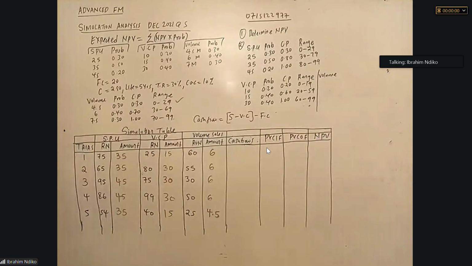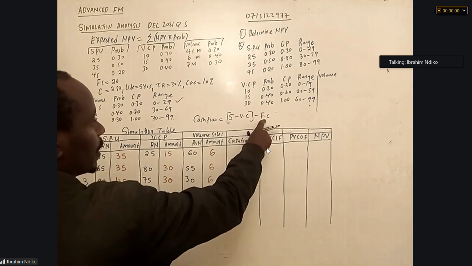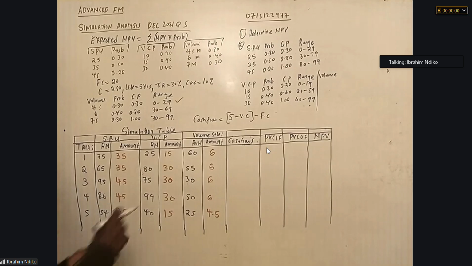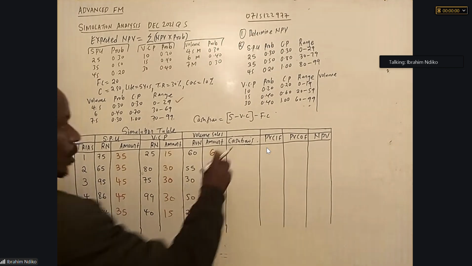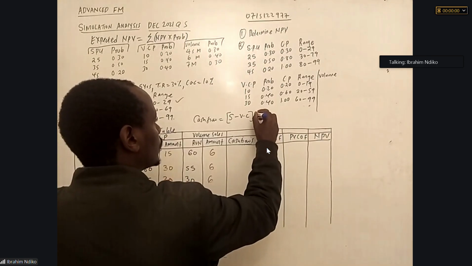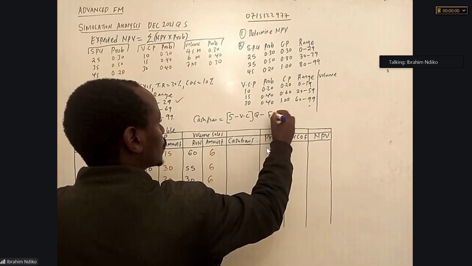So nataka tupate hiyo kwanza. Tumesema ni selling price minus variable cost minus fixed cost. So which is now 35 minus 15. Kumbuka hapa tuko na sales volume, hapa ni price times Q and then minus fixed cost.